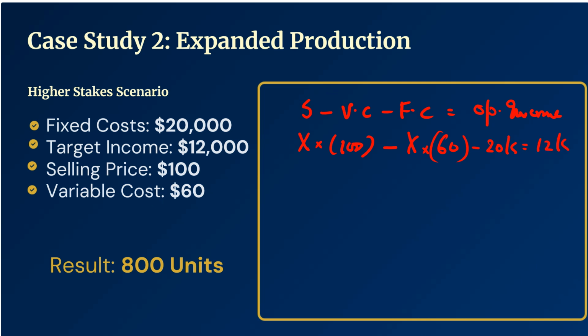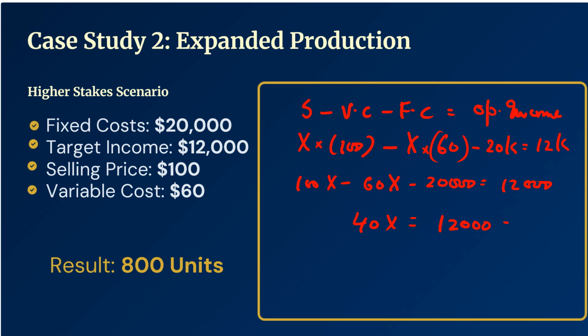So again, we have 100x minus 60x minus 20,000 is equal to 12,000. 100 minus 60, they are like terms, you can subtract them. So it is 40x is equal to 12,000 minus 20,000.